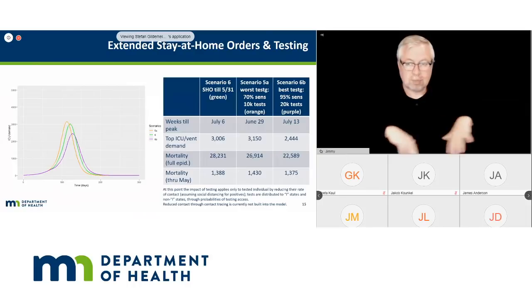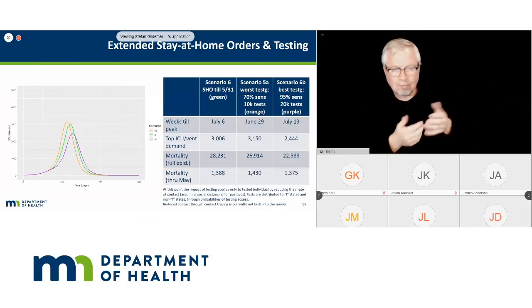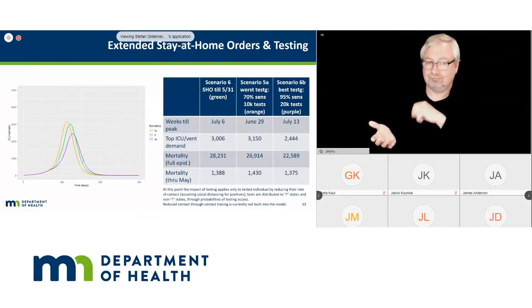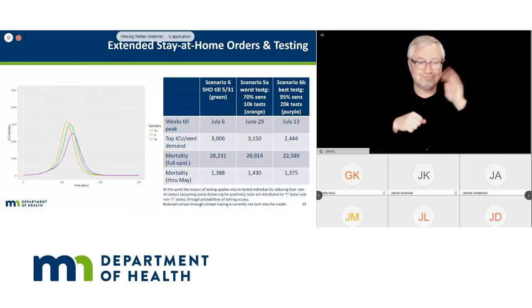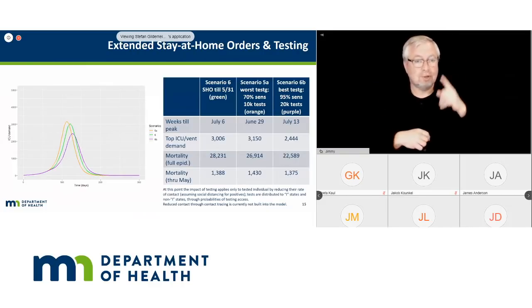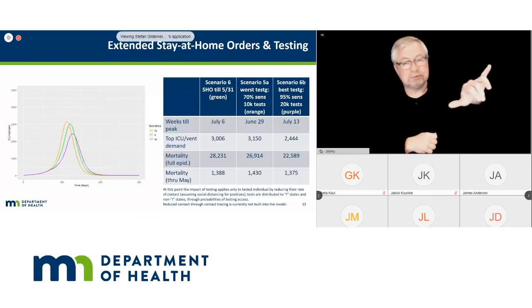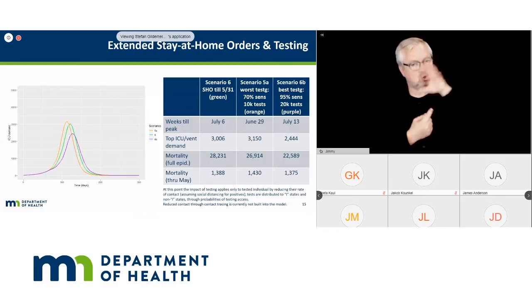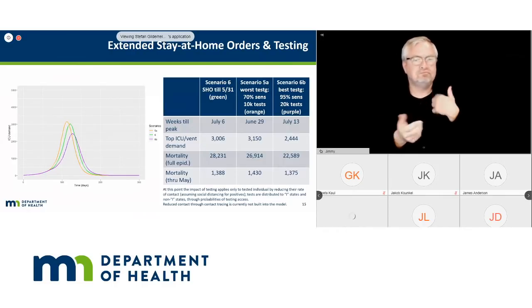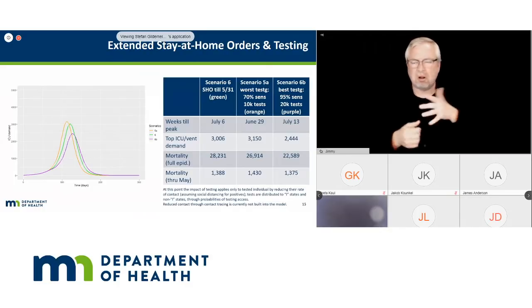Yeah. So again, the clarification I tried to make during the presentation about having infinite ICU capacity is coming into play here. That top ICU vent demand row of numbers is run with the model set to have infinite ICU capacity, so that we can see the total number of people who would accumulate into the ICU if we had no limitation at all.